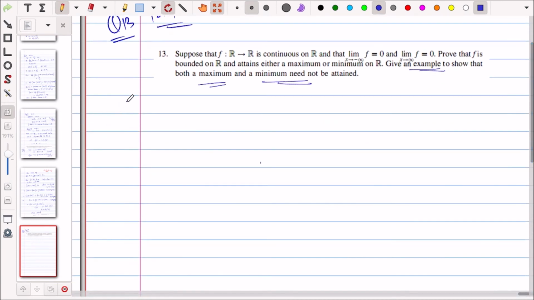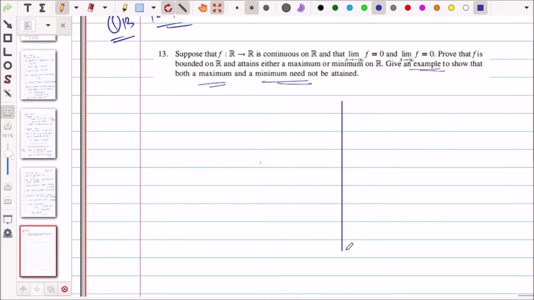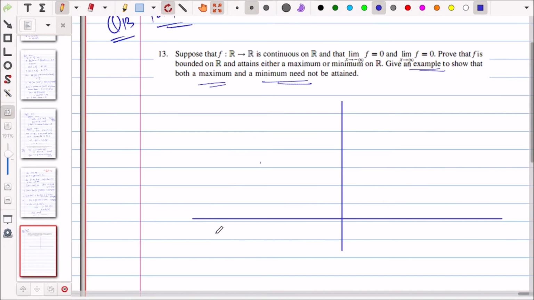Now if you look at the number line, let us look at our Cartesian function. What we are given is that the function approaches 0 when x approaches infinity. So x is approaching minus infinity here, and here x is approaching infinity. So either the function is coming from the negative side like this, or it will come like this.